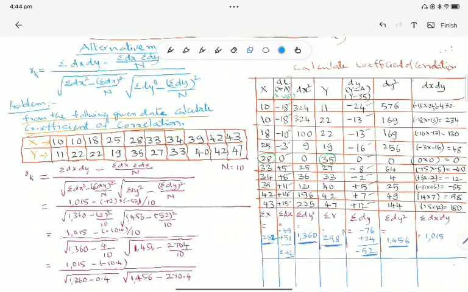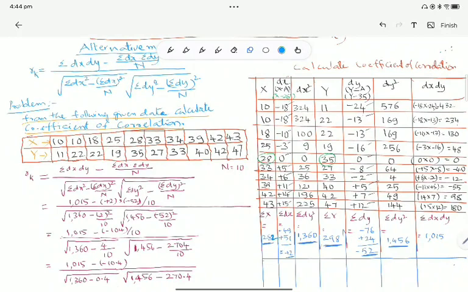So here you see the sigma dx value becomes plus 2, sigma dx square value is 1360, and sigma y value, the y series value, is 296. I am taking the sum of each and every column here finally.